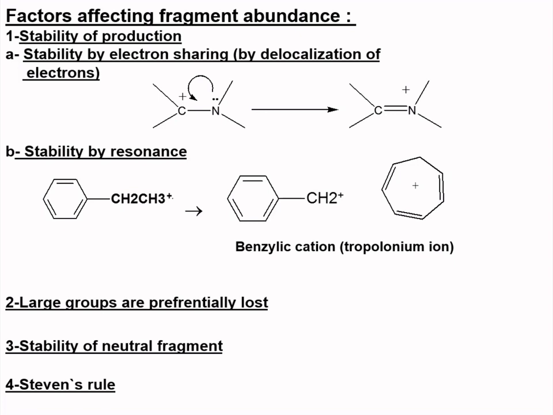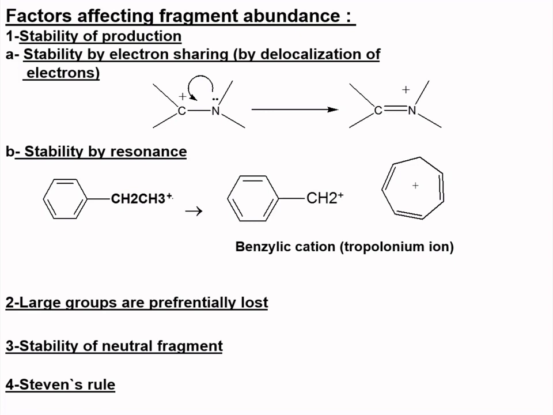For example, amine-type species can be stabilized by delocalization of electrons to form this structure. This confers stability on such types of fragment ions.